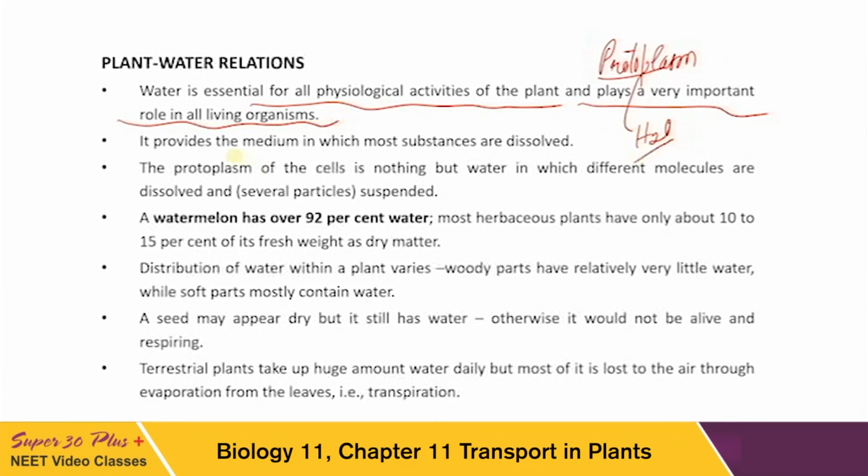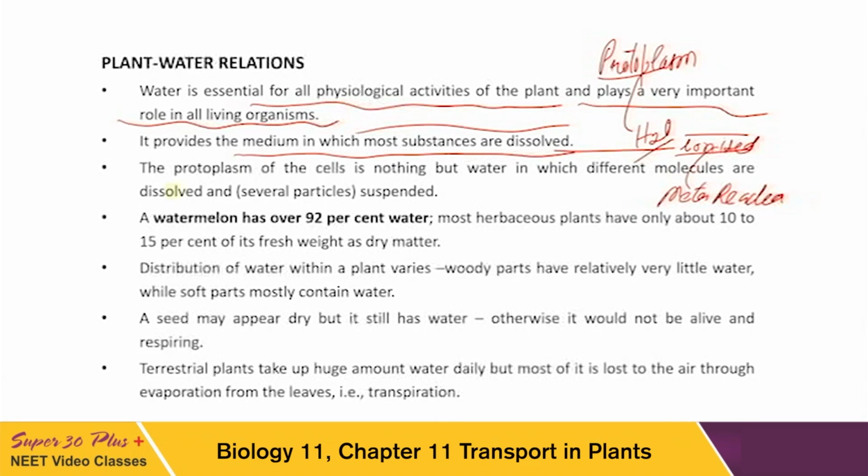It provides a medium in which most of the substances are dissolved. When the substances are dissolved, they may be ionized, and this ionization is responsible for metabolic reactions. Water plays an important role. Protoplasm of the cell is nothing but water. It has a good amount of water.